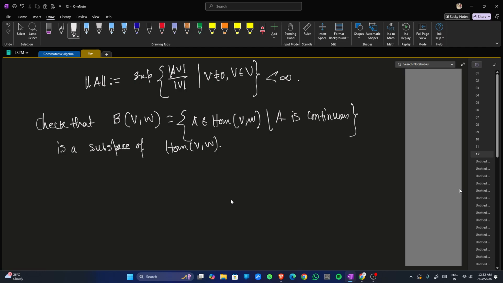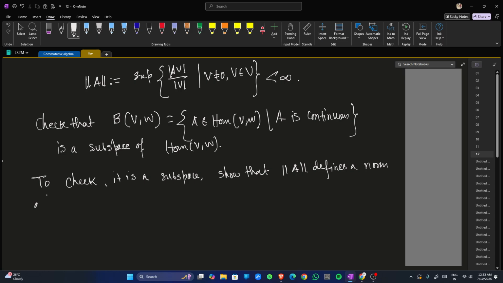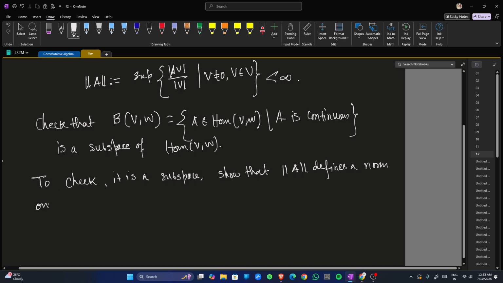So to check it is a subspace, so that it defines a norm.